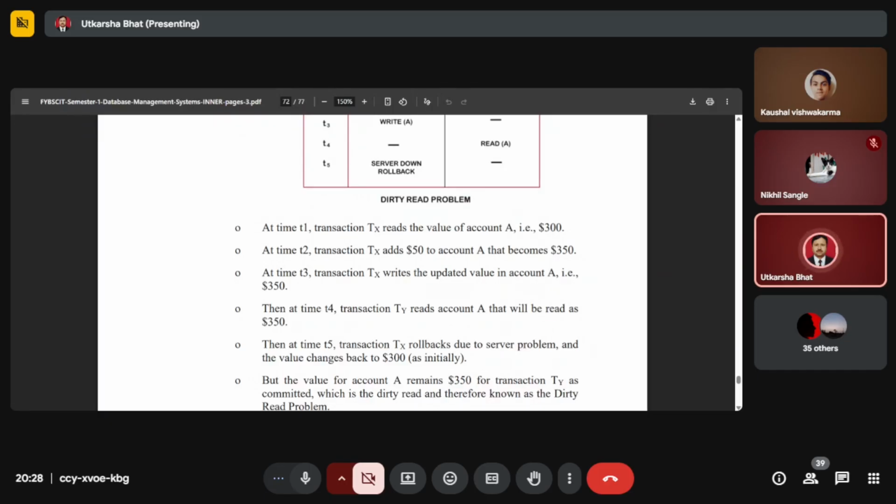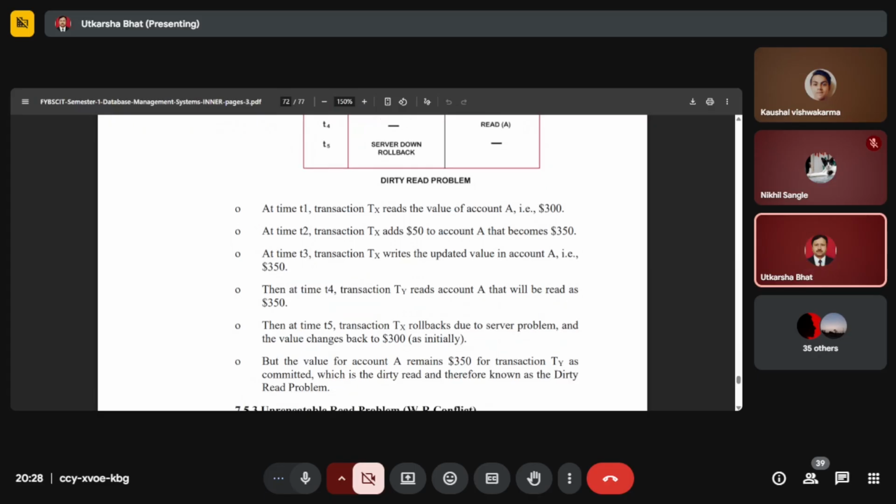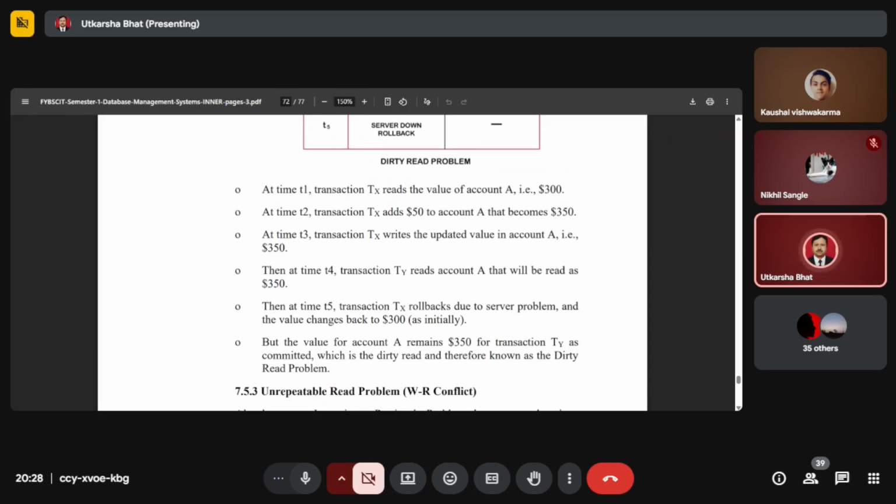But the value for account A remains 350 for transaction Ty, which is committed, which is the dirty read, and therefore known as the dirty read problem. It means the amount that should be updated is not, the rollback happens, and the other is committed, so problems will be there. So there are many problems in the database.